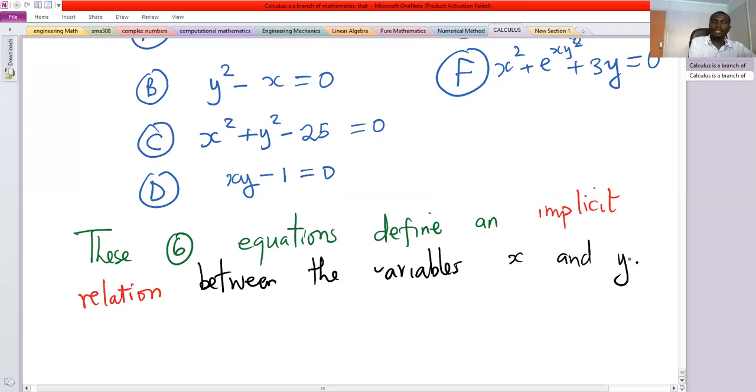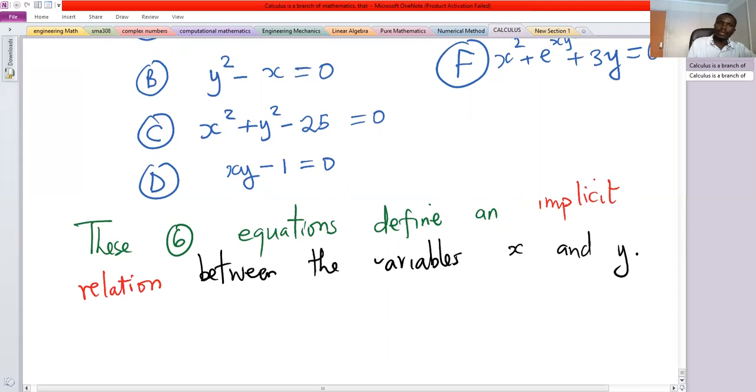So in all these six equations, we define an implicit relation between the variables x and y.